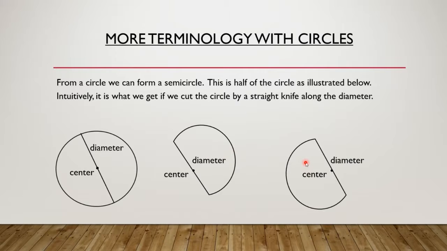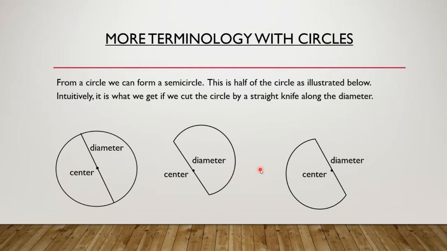And we talked about what the circumference is. You can probably guess this, and probably see this intuitively. The circumference of a semicircle is half that of the original circle. I mean, you would expect that. It's a semicircle. You have half of the circle.